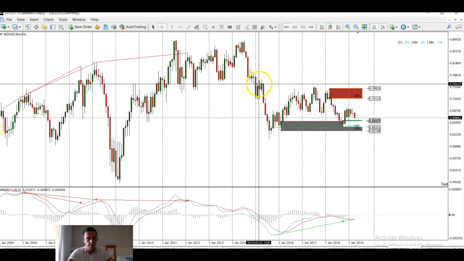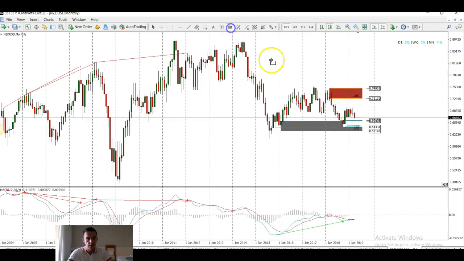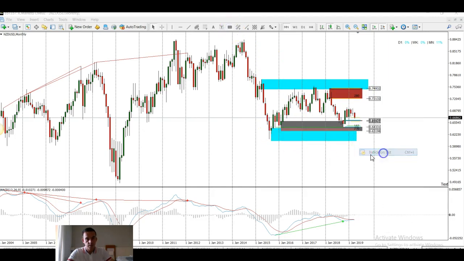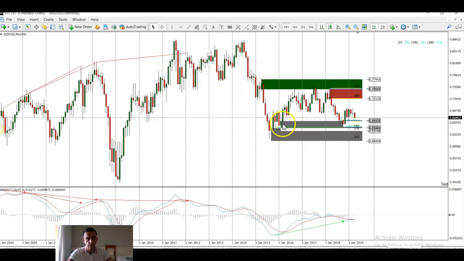Okay, so the top of this kind of range here. A lot of these zones are sitting on top of zones. So maybe I'll pop back down here. So I'll be looking to start buying this Kiwi USD to move back up towards here.